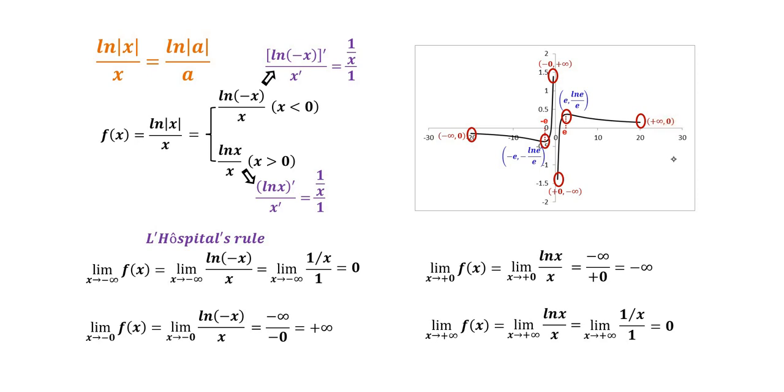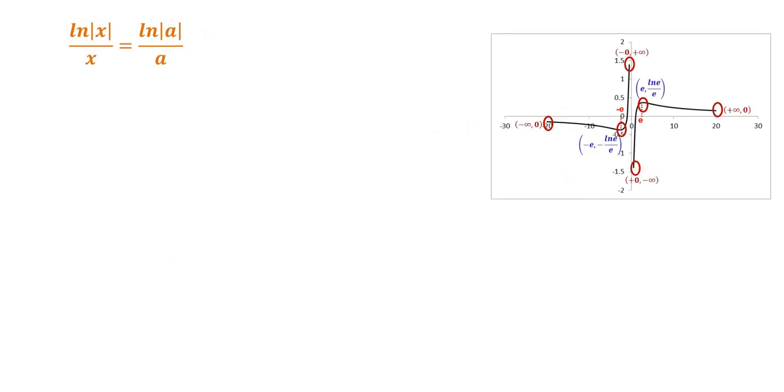With these two upper limits and the lower limits, and the local minimum and local maximum, we will be able to discuss the number of intersections, or the number of solutions, of f(x) with the level of ln|a| over a.